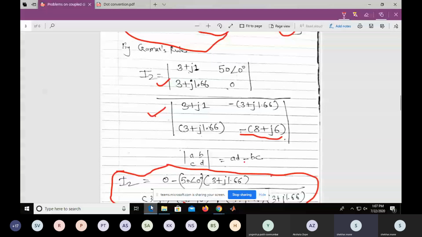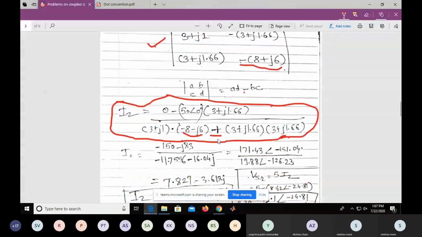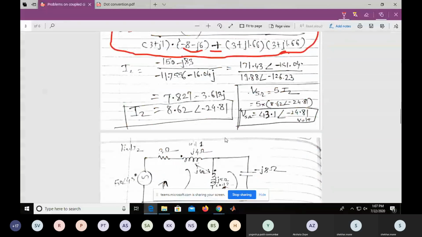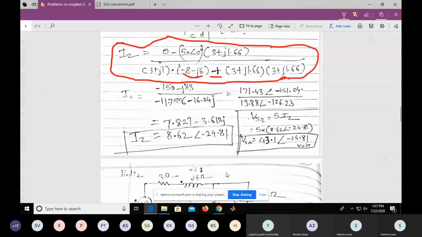Now can you see the screen? Yes, sir. So in this way, you can directly write the equation in the calculator and you can find out the answer in polar form, because in polar form you will get the magnitude and angle.